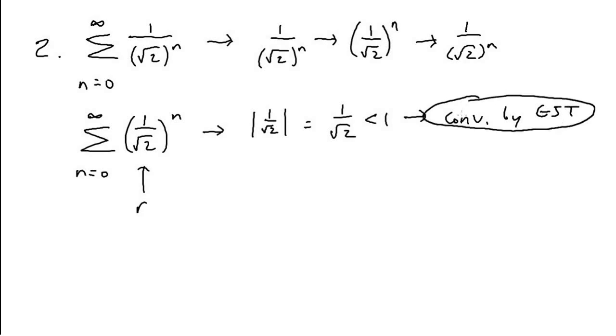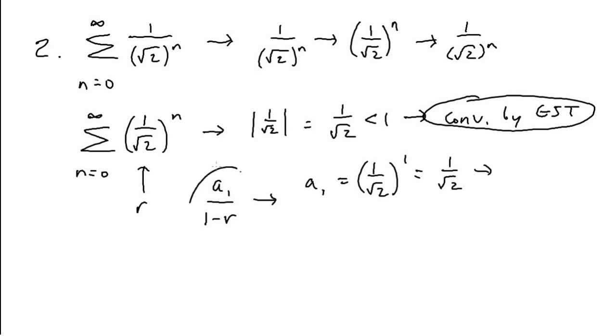And to find what exact value it will converge to, once again, we just take a sub 1 over 1 minus r. A sub 1, I can just plug in 1 to the series. So that will equal 1 over the square root of 2 to the first, which is obviously still 1 over the square root of 2. So once again, using this formula, we'll have 1 over the square root of 2 divided by 1 minus 1 over the square root of 2. If I find common denominators in the denominator, I can rewrite 1 as the square root of 2 over the square root of 2.